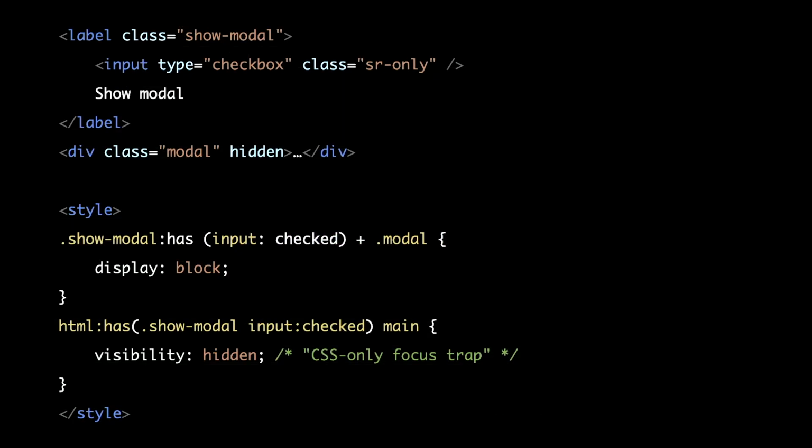Now, some CSS-only widgets use the checkbox hack in combination with the :has selector to create no-JavaScript modal dialogues. This is terrible. These widgets are particularly problematic not only because the semantic information conveyed to screen reader users is practically non-existent, there is none, but also because the pattern they are used to create, which is the modal dialogue, requires additional keyboard functionality that is literally impossible to create using CSS.